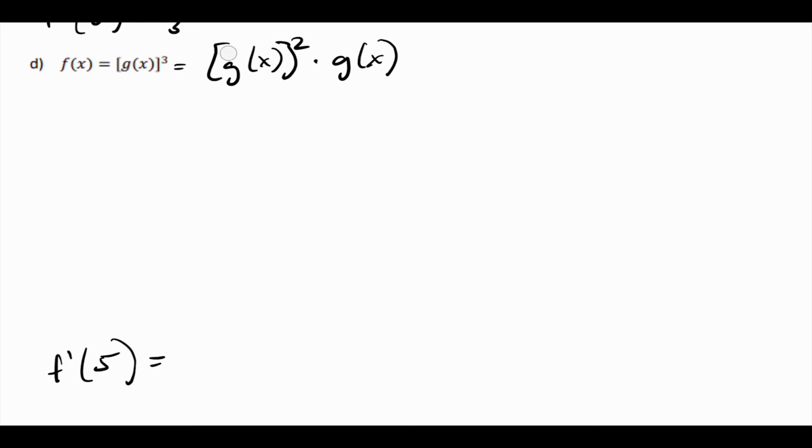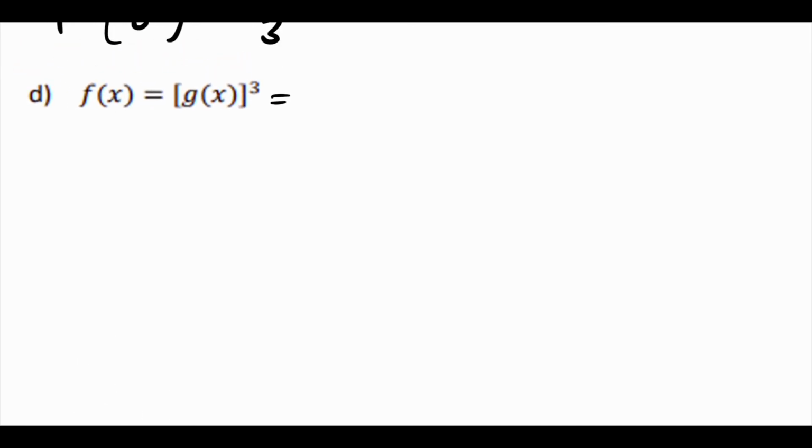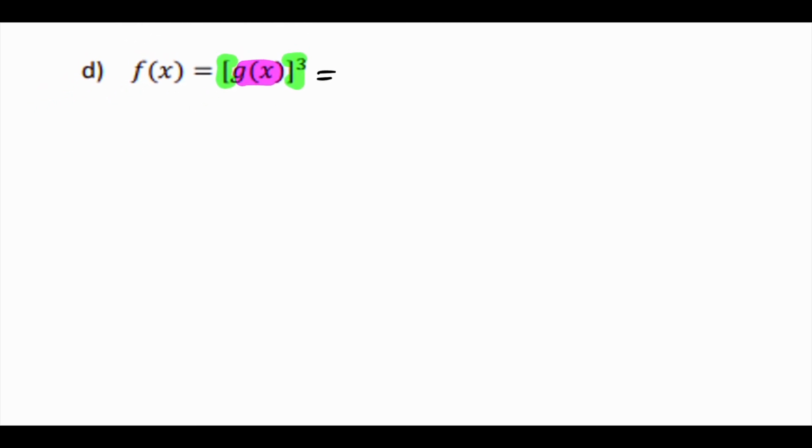I think the easier way to do it, though, would be just to use chain rule from the very beginning, because with chain rule you have something to the third power, and then you have something in the middle. So chain rule says: derivative of the green, move the 3 to the front, rewrite that something, take away a power.